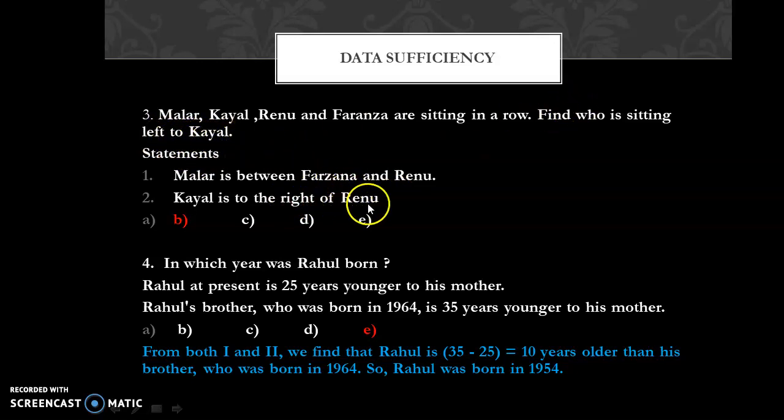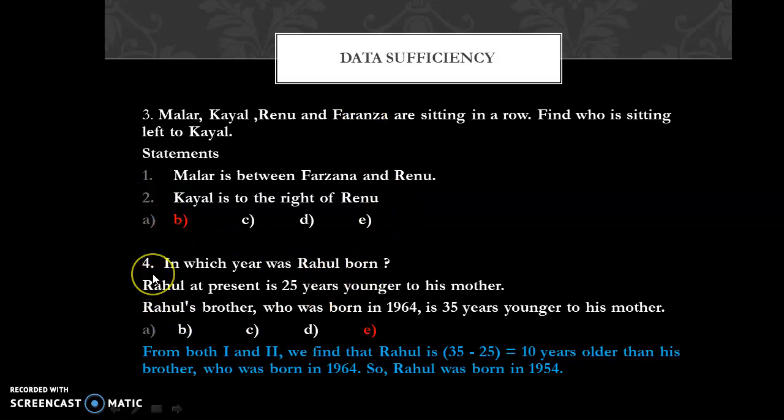Definitely you know that Renu is sitting left to Kayal. So the second statement is needed to answer this question. Which option is the correct one? Option B is the correct answer. Only the second statement is needed or sufficient to answer the question. Then option B is the correct answer.